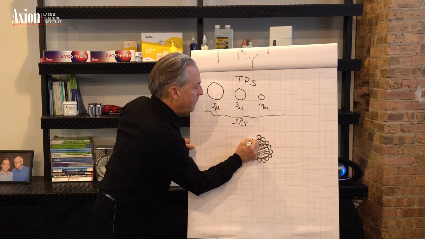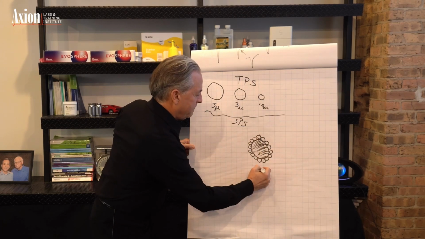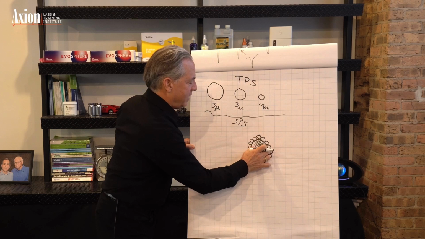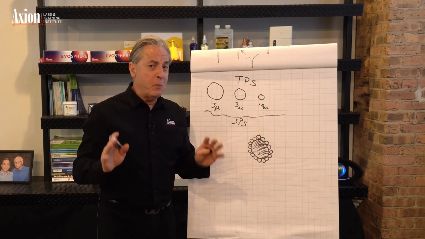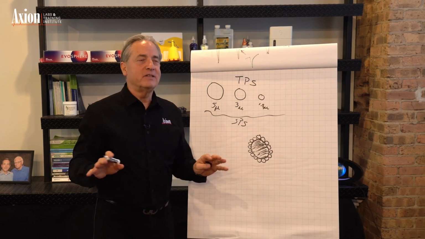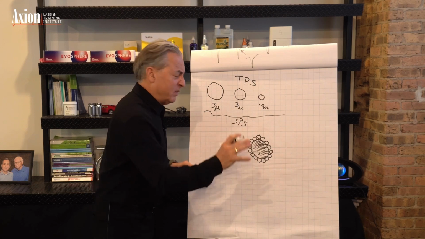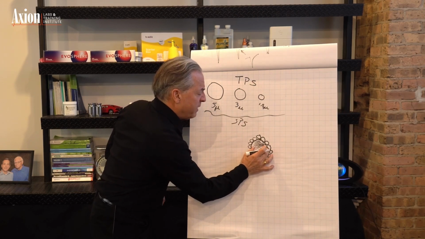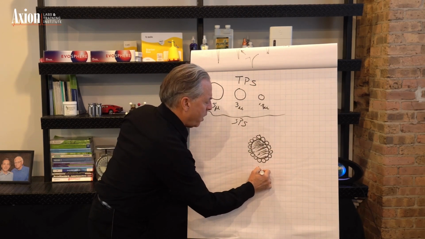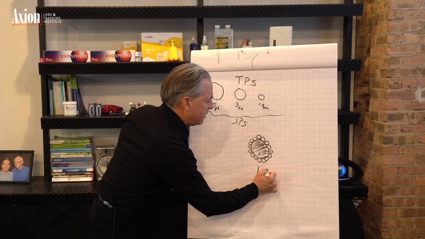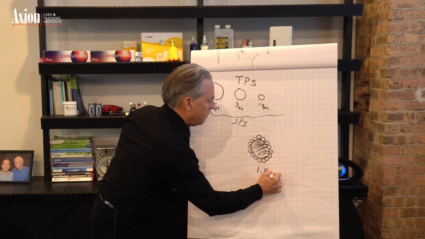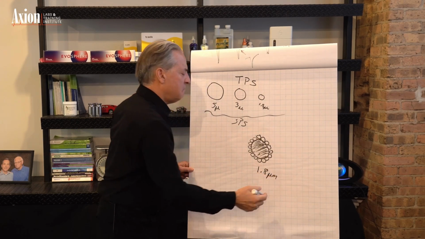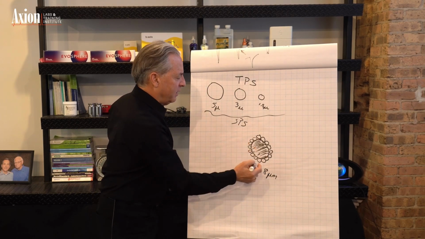So we'll do a little bit of math here, and this inside part, and don't quote me on this, there's different chemistries out there, there's different particle sizes out there, but in general, this is how it works. The non-porous part is about 1.8 micron.